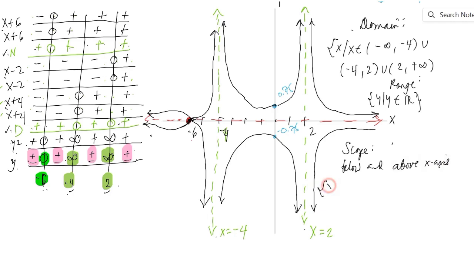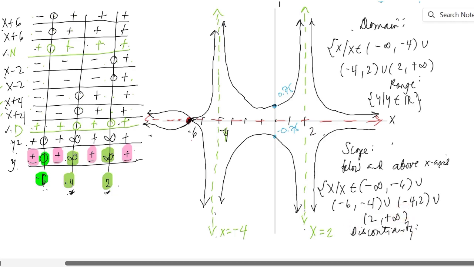So we have x such that x is an element of the set from negative infinity up to negative 6, union of the set from negative 6 to negative 4, union of the set from negative 4 to positive 2, union of the set from positive 2 to positive infinity.